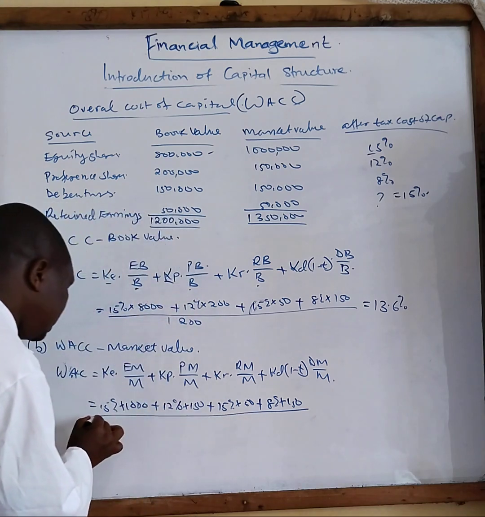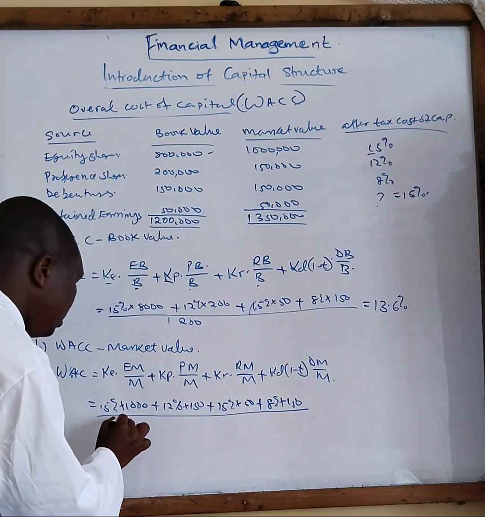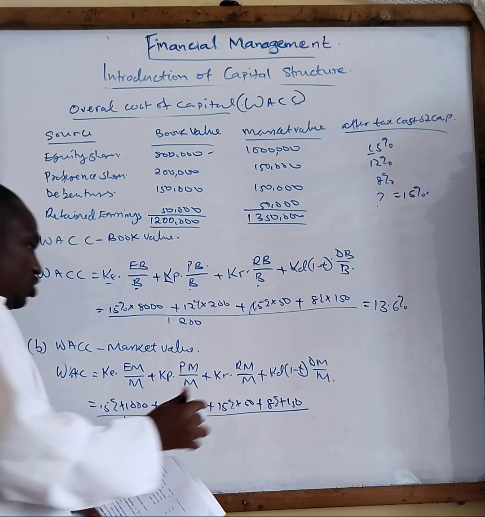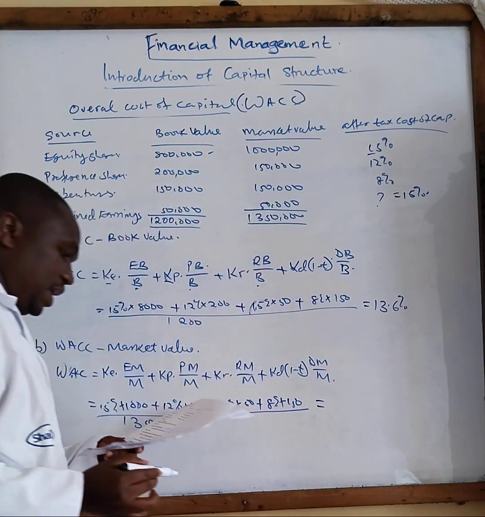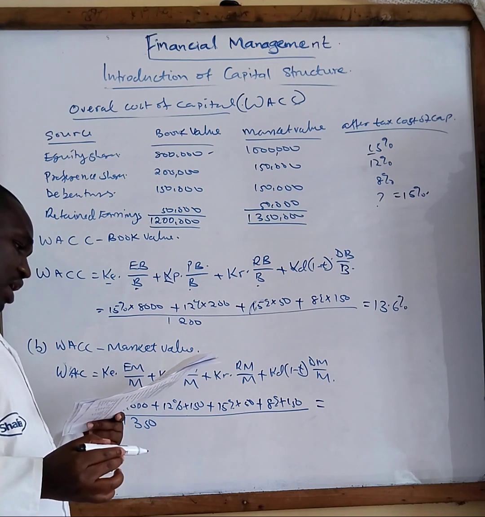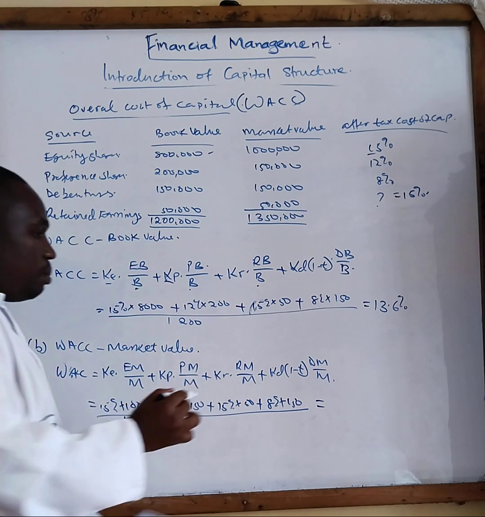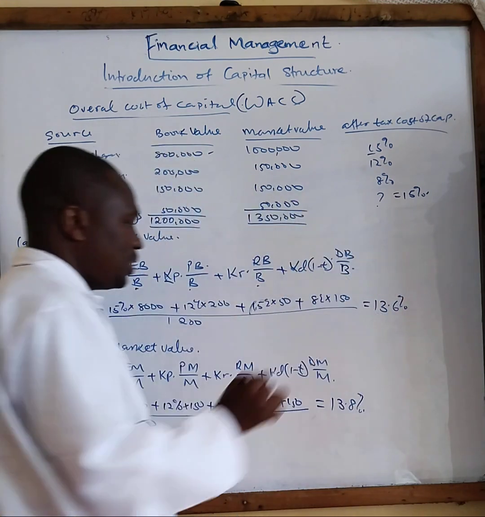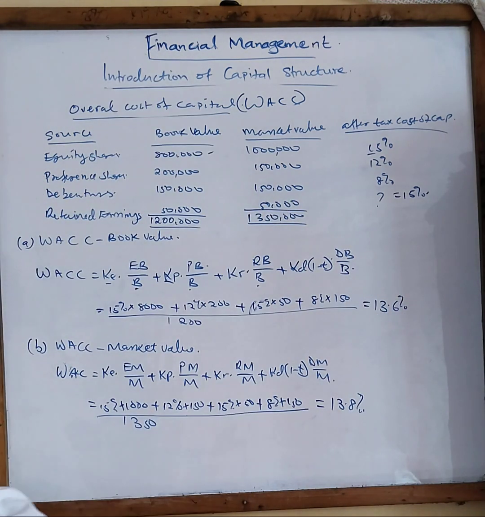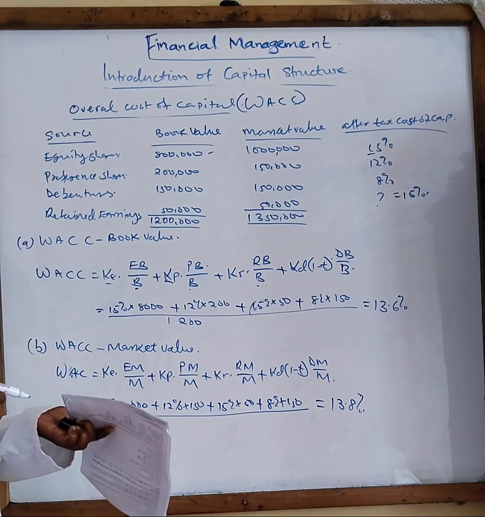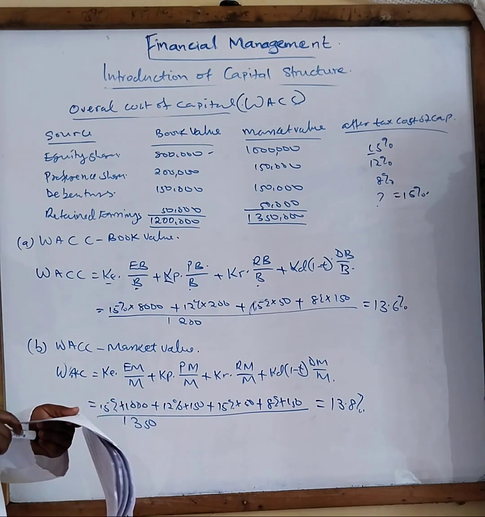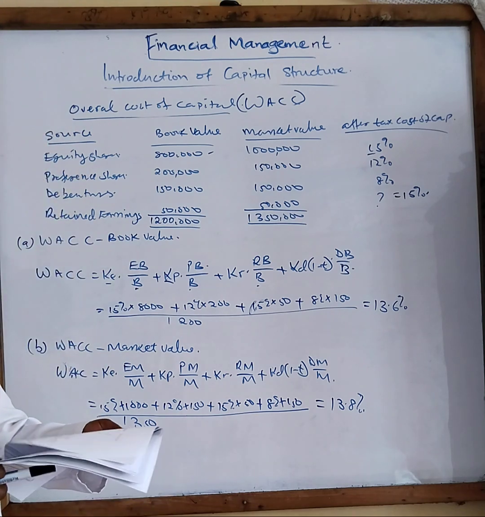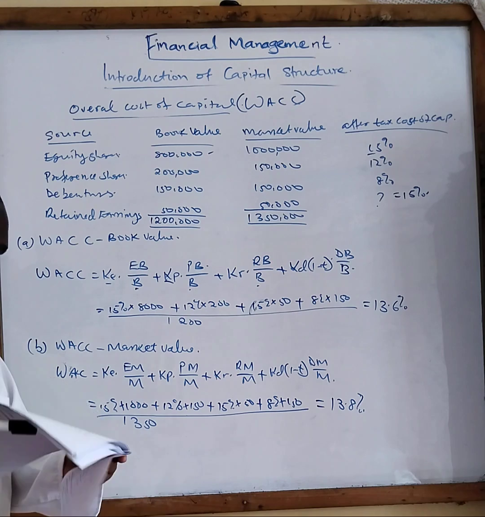You divide everything by market value 1,350,000. If you work it out very carefully, your answer at the end is 13.8%. So this is what they call overall cost of capital, or weighted average cost of capital. That is how you are supposed to arrive at this.